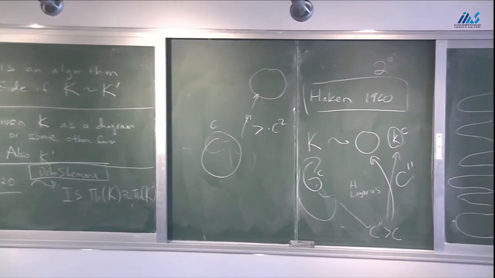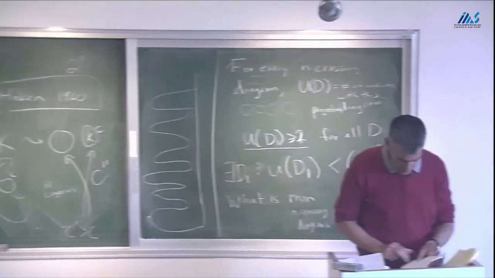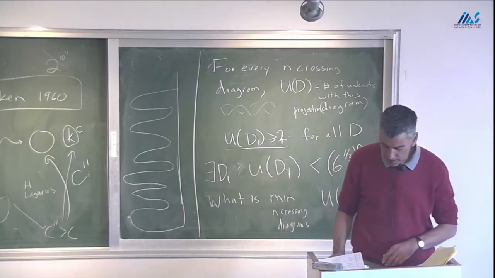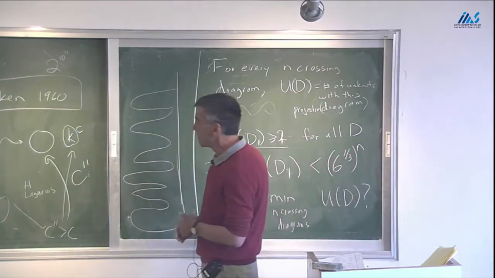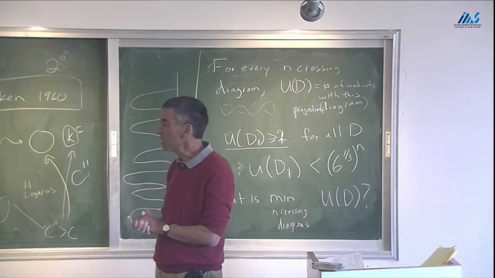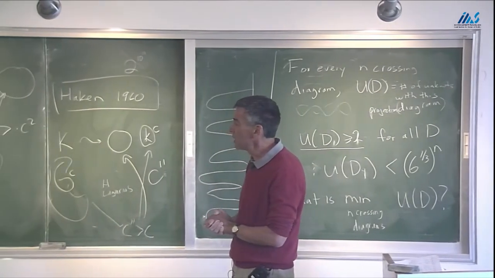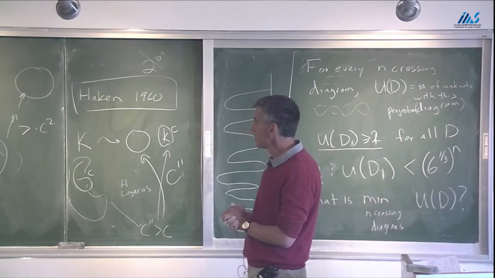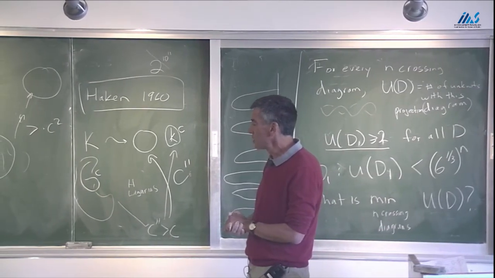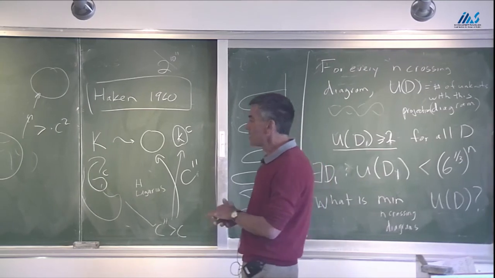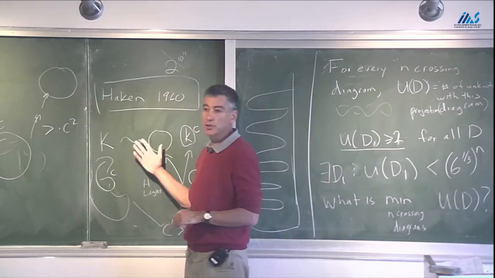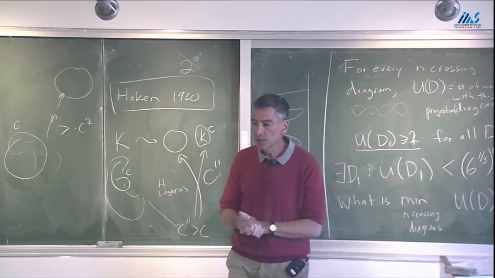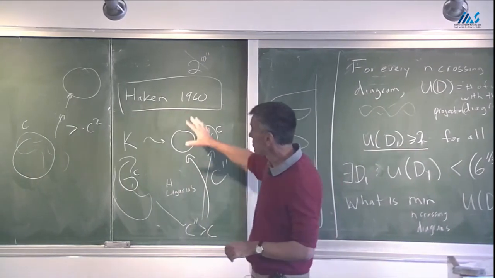So this algorithmic aspect potentially could make all these invariants a lot less interesting. There is now software being written. In particular, there's a group in Queensland, Australia, that has quite good software that in practice can take knots with hundreds of crossings and determine whether they're the same or not, using ideas based on this.